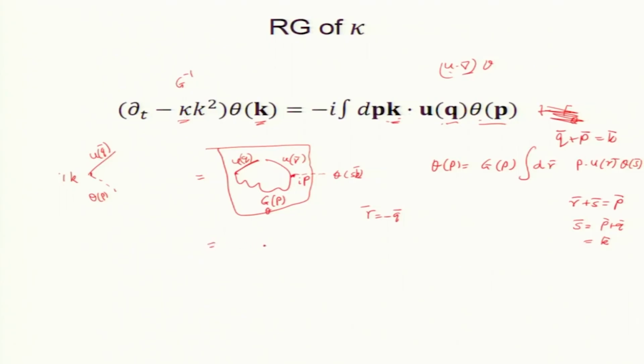So, this loop diagram, whatever number I get, let us say integral I1, I will write this as minus delta kappa k squared. Actually, this should be plus, I am sorry. So, minus delta kappa k squared, and this I can take to the left hand side. So, kappa plus delta kappa k squared. Okay. So, this is a correction to kappa.